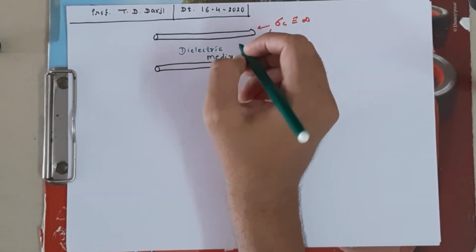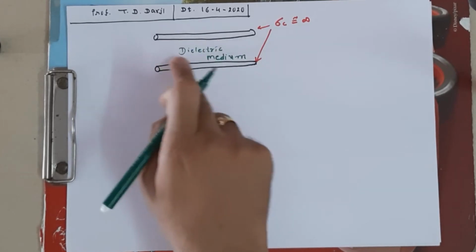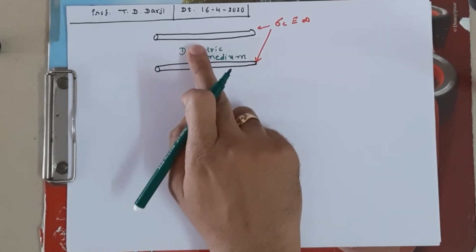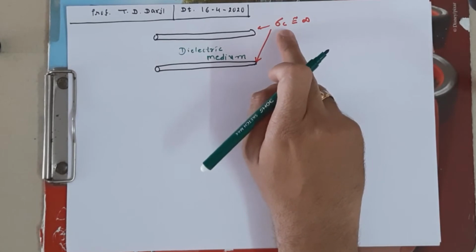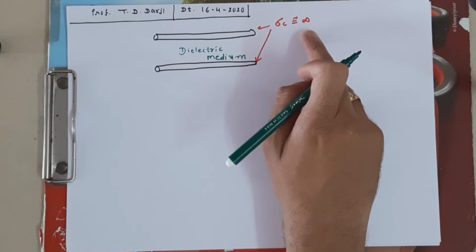Now whether my transmission line is lossless or lossy depends on the conductivity of this dielectric medium. It does not depend on the conductivity of the conductor, because these two are conductors, so obviously their conductivity is very high.